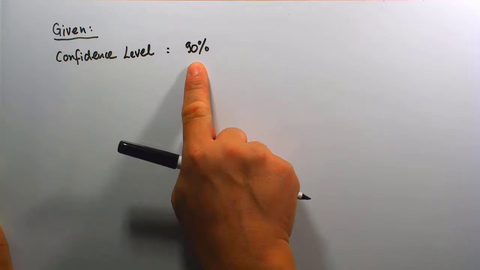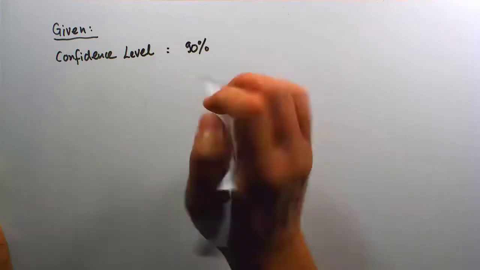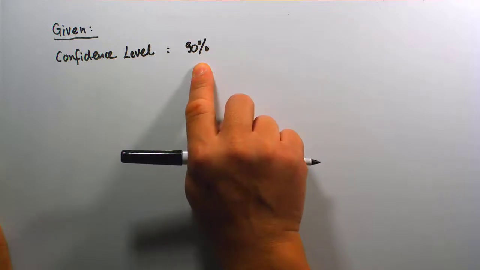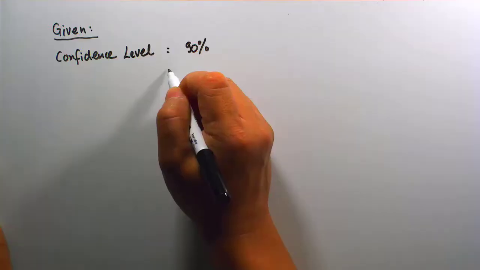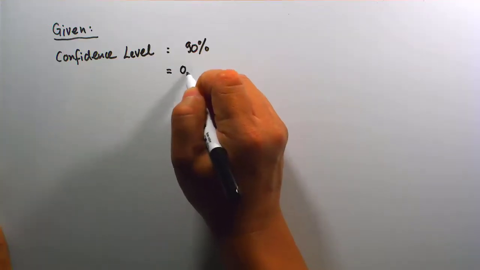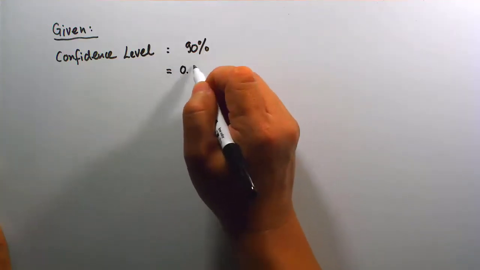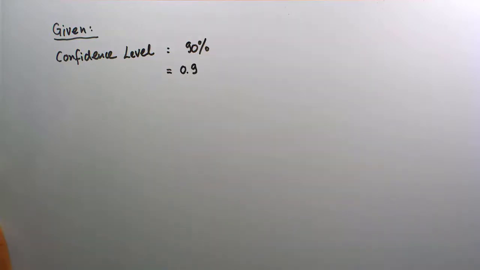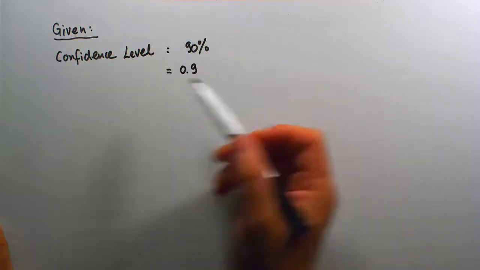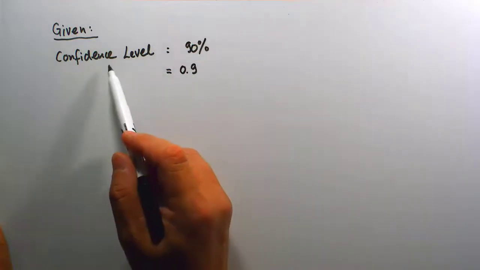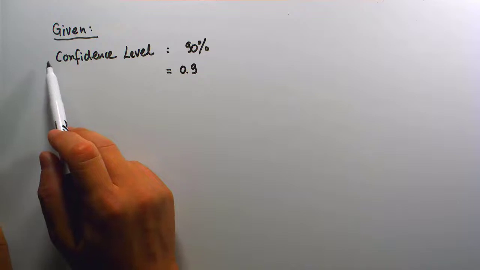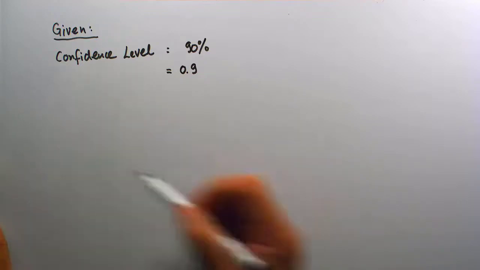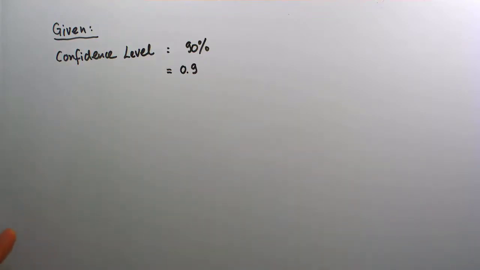Very commonly that's how it's written in any confidence interval problem. But when we're actually doing the computations, we're going to need to put that in decimal. So 90% in decimal is 0.9. Once again, to clarify, this 90% being a confidence level is listed as one piece of given information. And so now let's look even a little further.